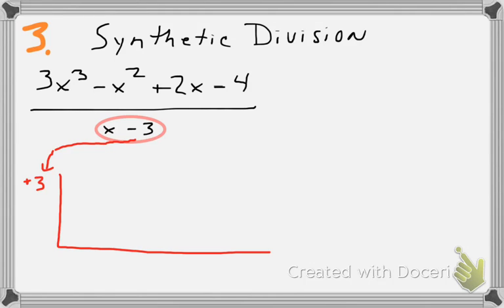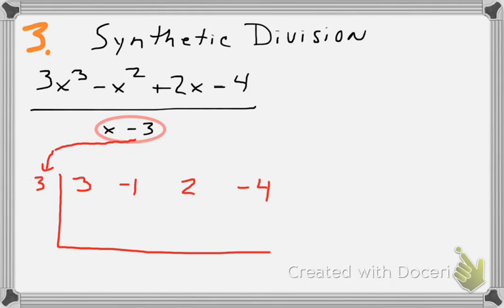If they're all jumbled up, the first thing you have to do is put them in descending order. Okay? And all we're going to do inside is write the coefficients of those terms. Basically writing the polynomial, but without the variables.